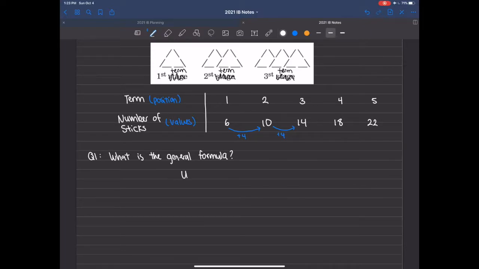So our arithmetic sequence formula, u sub n equals u sub 1 plus n minus 1 in parentheses times our common difference d. And in this case, we know that our first term, u sub 1, is 6. N minus 1 we leave alone, right? N is our variable, and our common difference is 4, because we are adding 4 every time we go up one term. So there is our general formula.